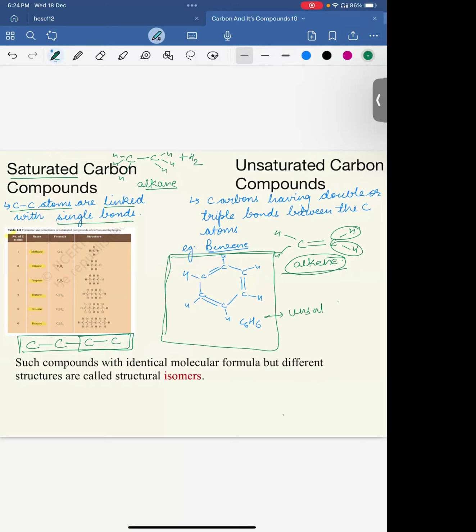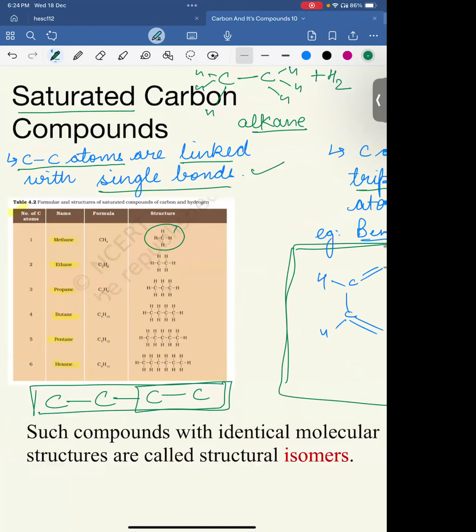Yes, unsaturated carbon compound. So in the exam, if you are asked the difference between saturated and unsaturated, write this definition: they are linked by single bond, they are linked by double bond or triple bond. And then here you can give an example. For example, this. This is also saturated, sorry. Here we don't see any double bond. Though we don't see a CC bond also, there's no double bond.